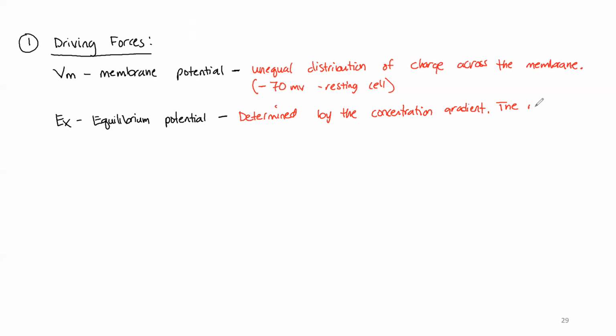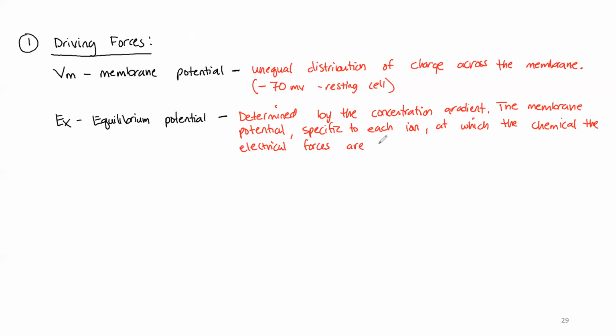So it's the membrane potential specific to each ion at which the chemical and electrical forces are equal and opposite. Are equal but in opposite directions. Okay.